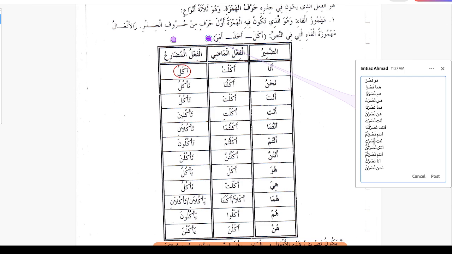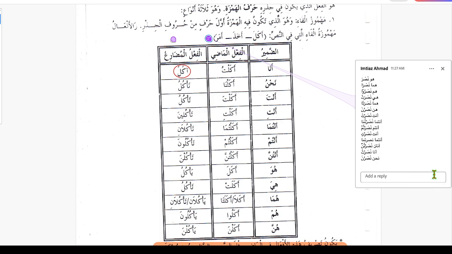So antum nasartum, anti nasarti, antuma nasartuma, antunna nasartunna.